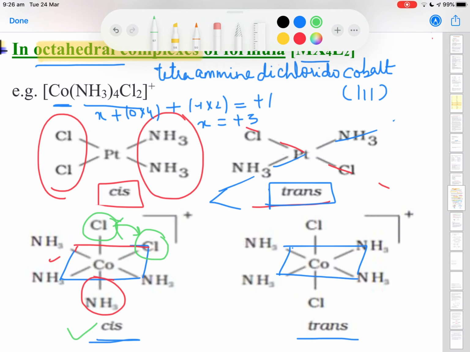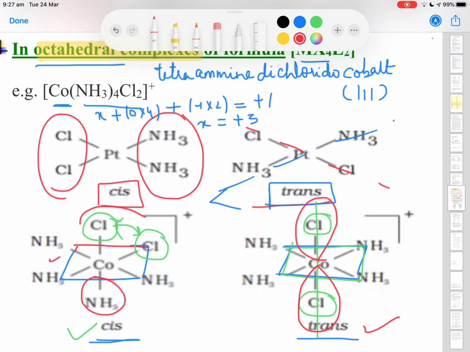Wherein trans, I said, again it's a square planar space, fine. To this we have a perpendicular line passing, and to this perpendicular line we have placed two same ligands, that's chlorido. So two perpendicular positions, that is one above the plane and the other one below the plane, if satisfied with the same type of ligand, it's said to be trans.